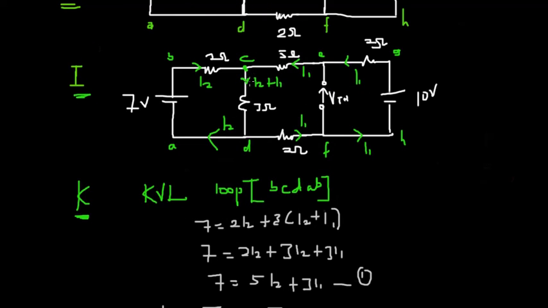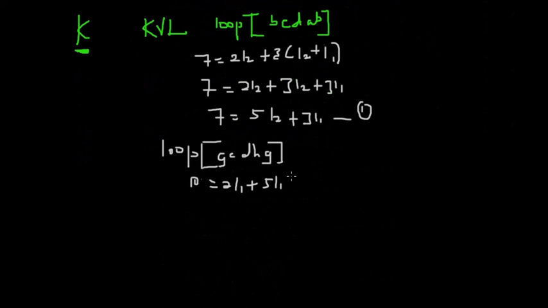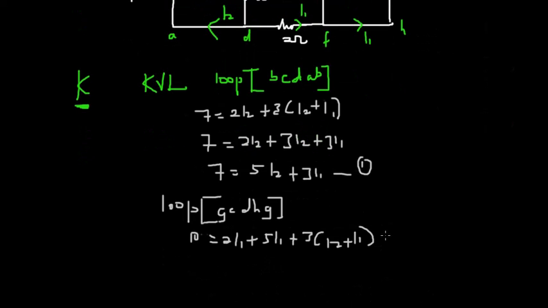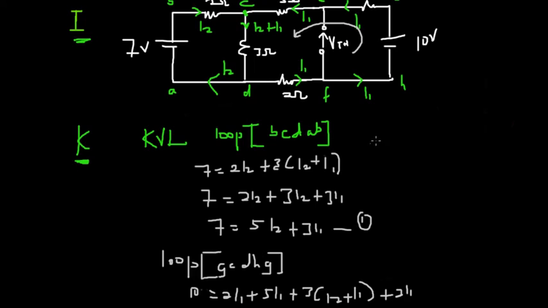The current is flowing in the same direction as you are moving, so you have plus 3 times I2 plus I1. When it gets to this point, you have another 2 ohm flowing in the same direction, so that's positive: plus 2I1. That's it.